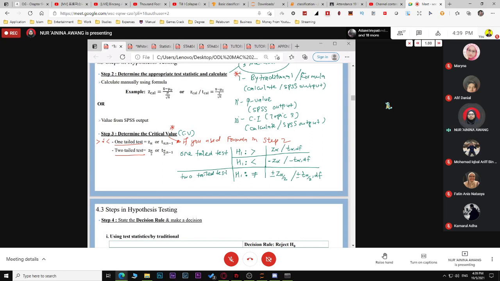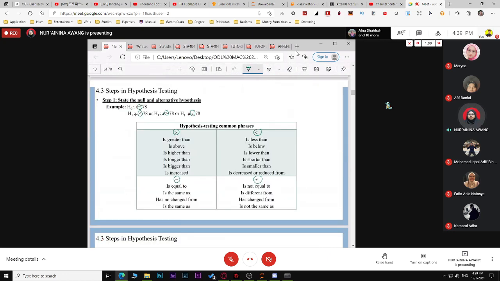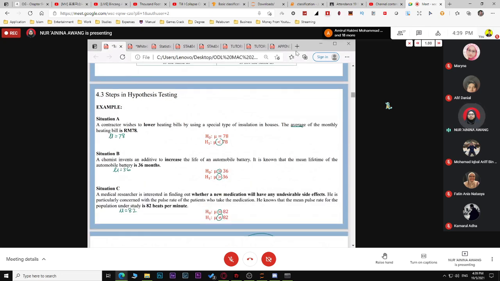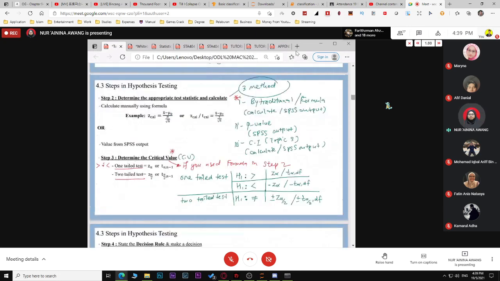Okay, so apa-apa for critical value, you must refer to your H1, yang you dah write dekat first step ni. Okay, kena tengok. If the case is less than, so our critical value will be negative value. If the case is more than, so our critical value will be positive. If the case is unequal, so critical value will be plus minus. Okay, since we look at both sides. Okay, so itu adalah untuk step 3 for critical value.